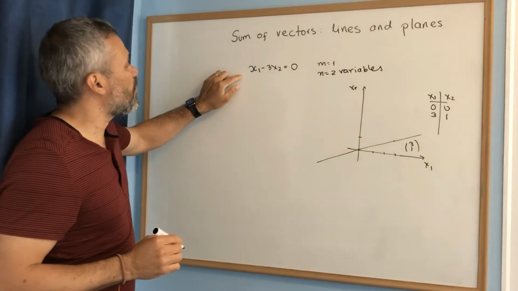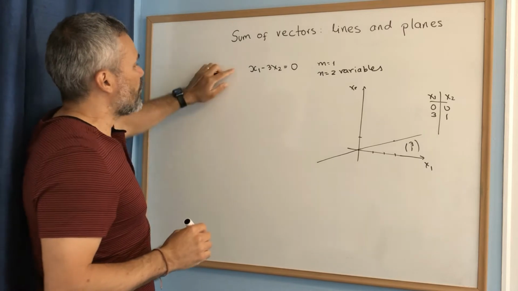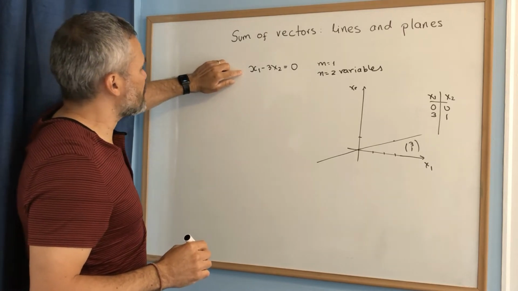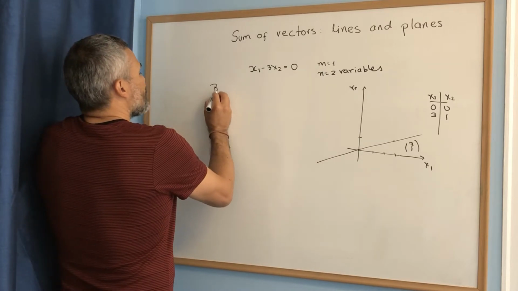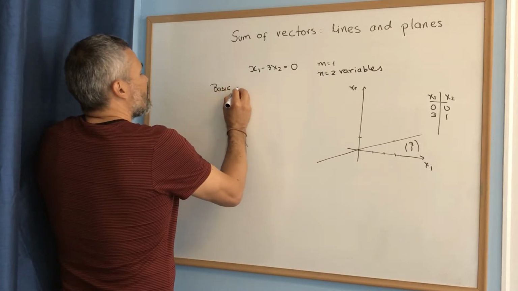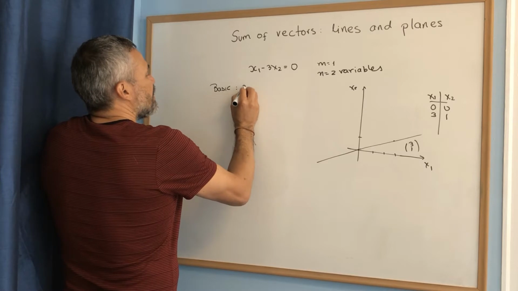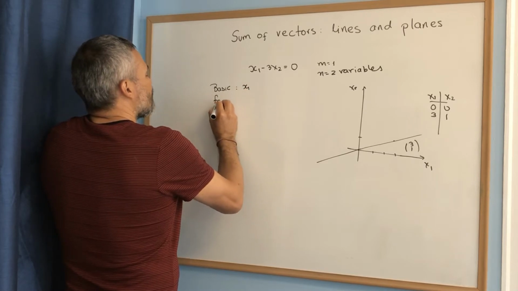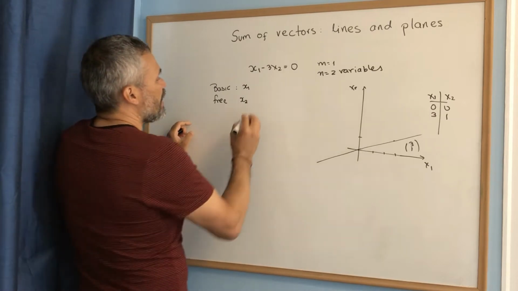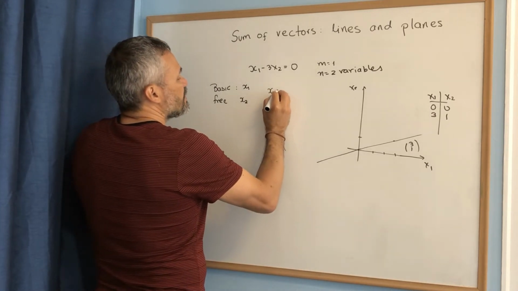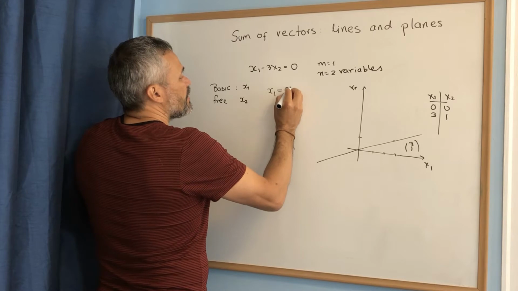Now let's see what is the solution set. When we think about just one equation, this can be considered as a good system. In this case, the basic variable is just x1, and the free variable would be x2. Then I have to solve the basic in terms of the free, and I get this.